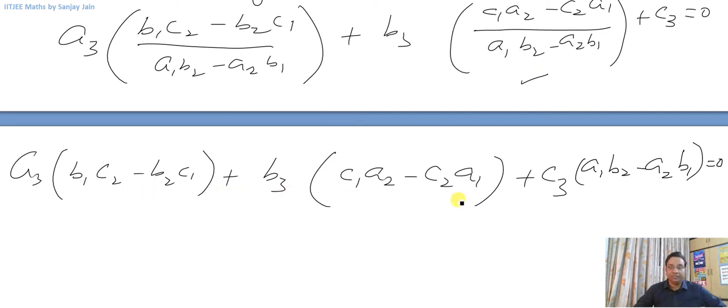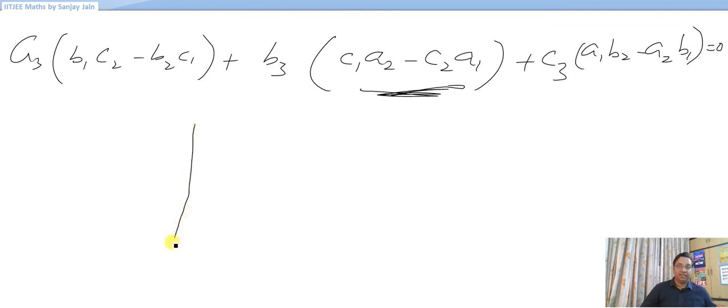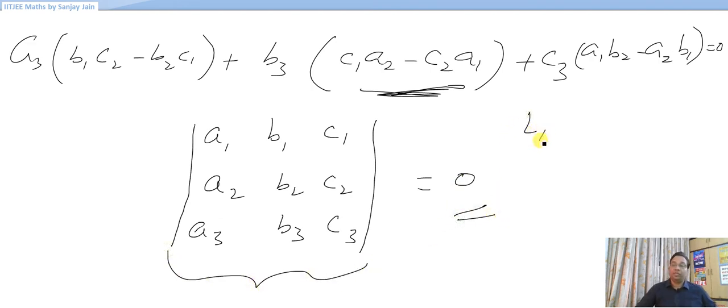Now this expression is the required condition of concurrency of three lines, and I can write it neatly in the form of a determinant. The students who know about determinants can write this as the determinant with rows A1 B1 C1, A2 B2 C2, A3 B3 C3, and the value of this determinant will be equal to 0 for the lines L1, L2 and L3, which are A1x plus B1y plus C1 and similarly L2 and L3.